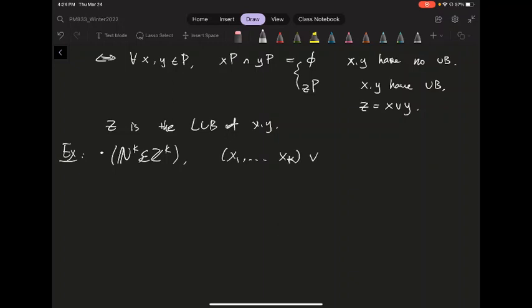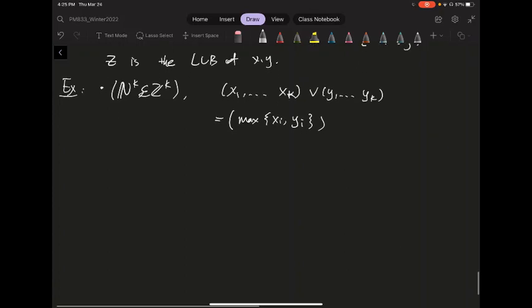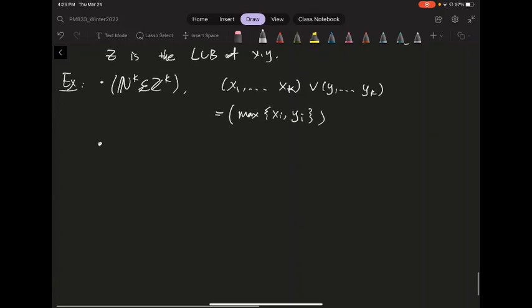If you have x1 up to xk and y1 up to yk, because N is abelian, it's quite easy to see every two elements have an upper bound, and the least upper bound is really just the maximum of each coordinate. You take xi and yi, and take a vector like that, and that way you do have an upper bound. So it's quasi-lattice order.